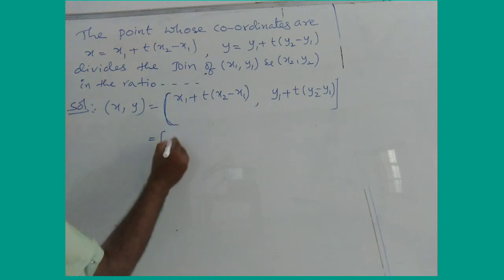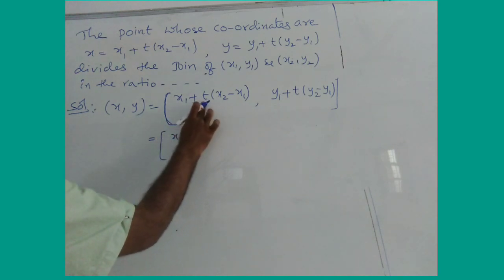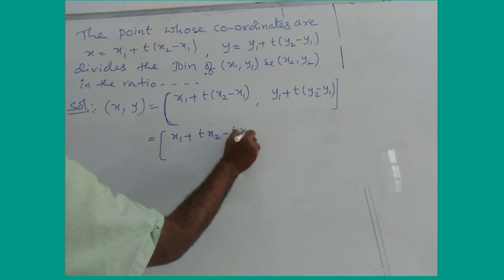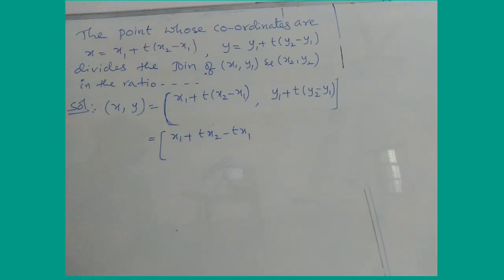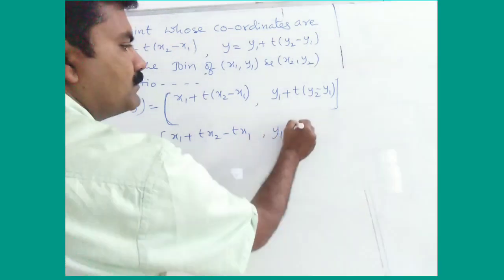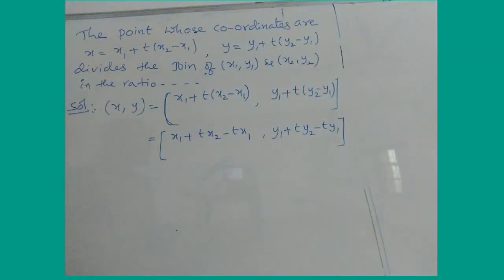So let us rearrange this. First of all multiply with tx2 minus tx1. Even here also multiply with ty2 minus ty1.